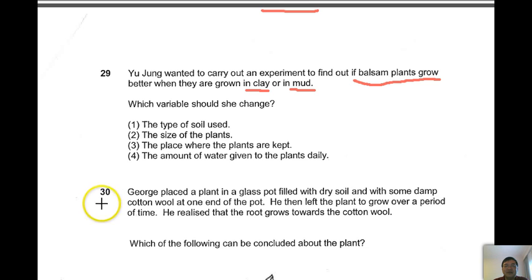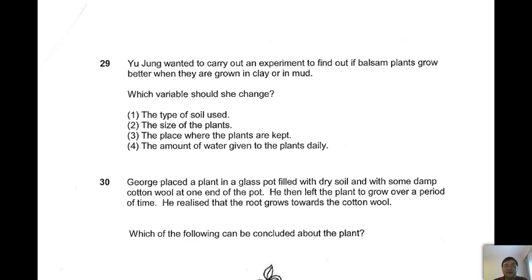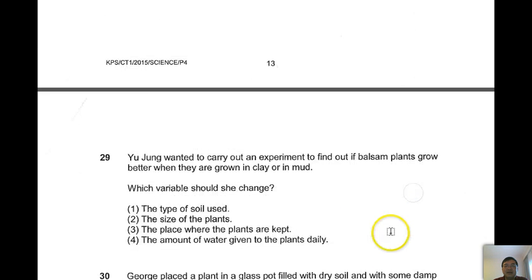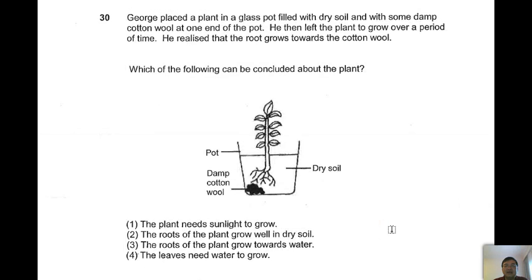And for the last one, number 30, let's take a look. Josh places the plant in a glass pot filled with dry soil and with some damp cotton wool.